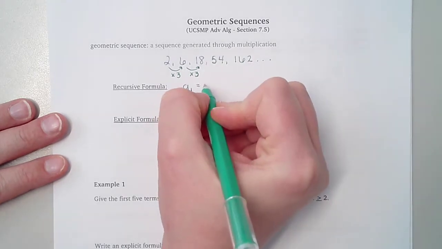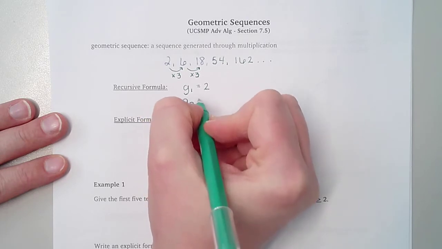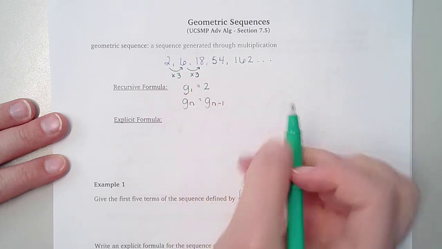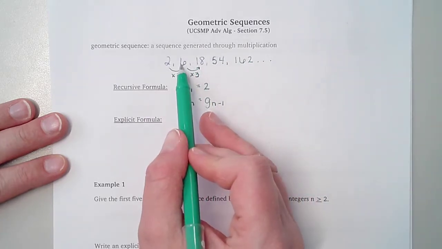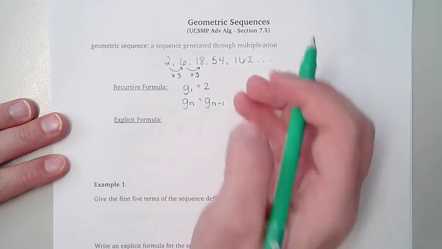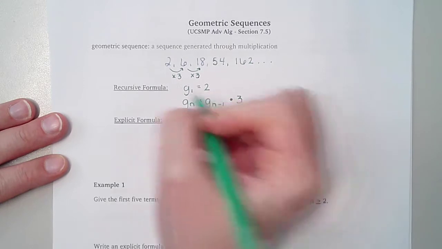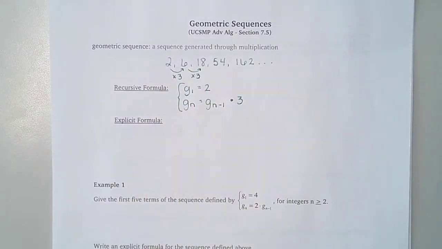We would say term 1 is 2, and then to get to the next term, we're taking the previous term. So to get term 3, for example, we're going to take term 2 and multiply by 3. That's what a recursive formula for one of these sequences would look like.